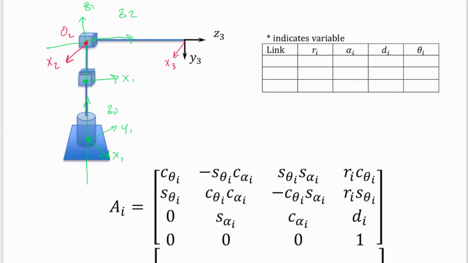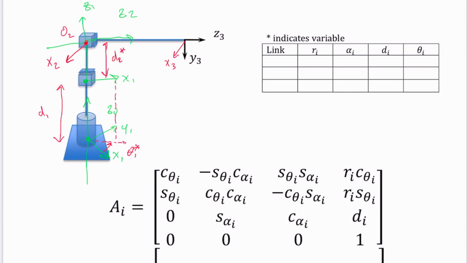So now I need to look through here and look at my link rotations. If I drop this guy down here, this angle right here, that's going to be my theta 1, and it's a revolute joint. This distance that goes from here to here, that is going to be my d1, whereas this distance from here to here, that's my variable d2 star.